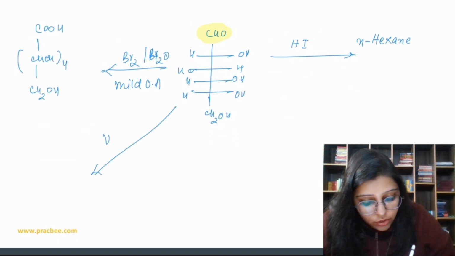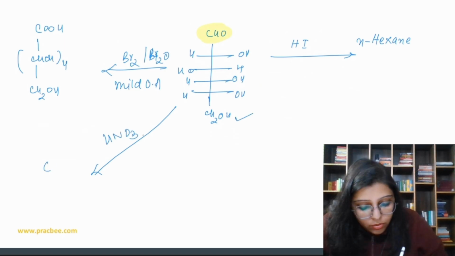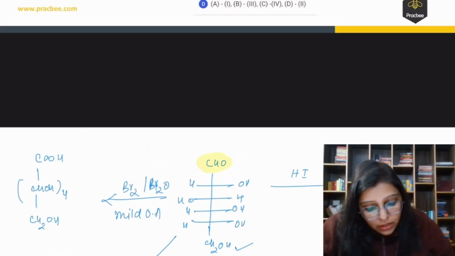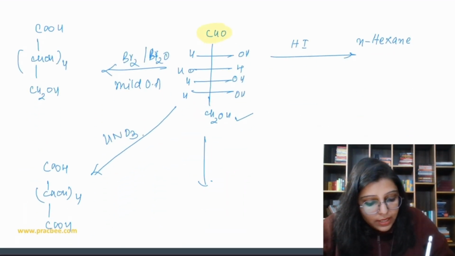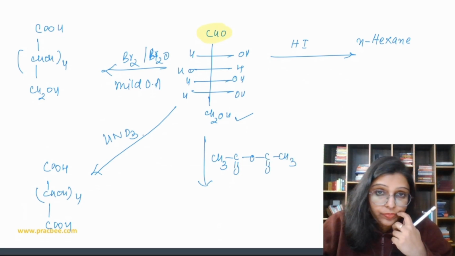Then we have HNO3, where even CH2OH is converted to carboxylic acid. So COOH, CHOH four times, and here COOH. Last, we have acetic anhydride, which is CH3 C double bond O, O, C double bond O, CH3. We already discussed this reaction.